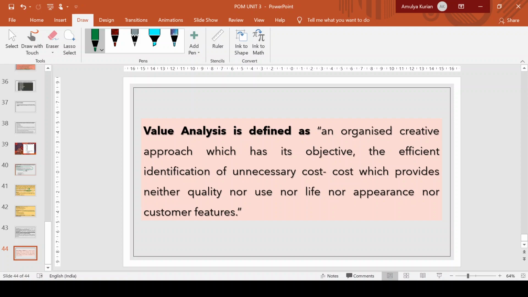Value analysis focuses engineering, manufacturing, and purchasing attention on one objective, equivalent performance at a lower cost. So that is value analysis, as told, proposed by Lawrence D.